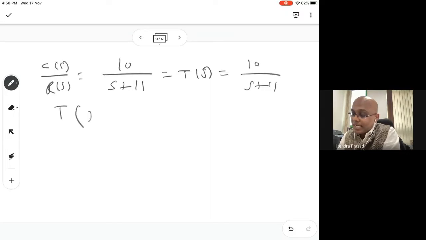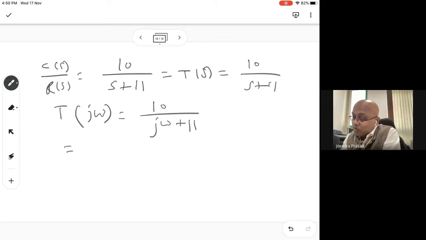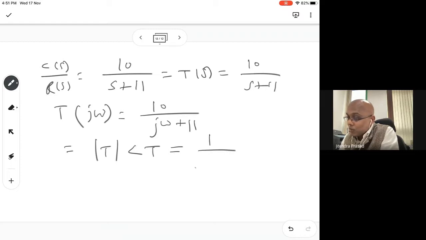So T(j omega) will be equal to what? Equal to 10 over j omega plus 11, right? Which is equal to magnitude of T and angle of T. The magnitude is 10 over j omega plus 11, so this will be simply 1 over root omega square plus 11 square.